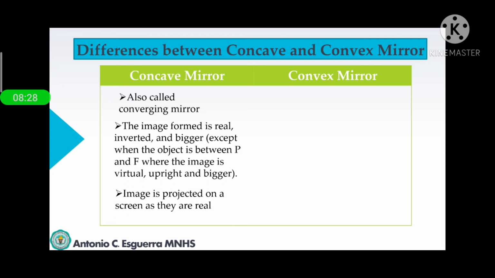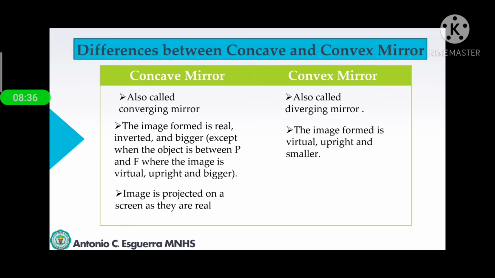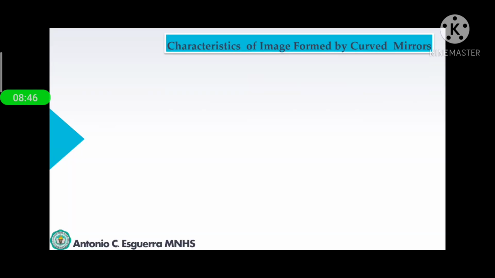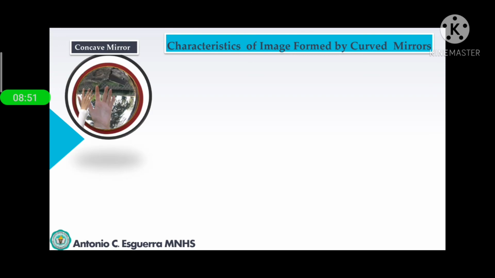The image can be projected on a screen as it is real. A convex mirror is also called a diverging mirror. The image formed is virtual, upright, and smaller, and the image cannot be projected on a screen as it is virtual. Let's look at the different characteristics of images formed by curved mirrors.